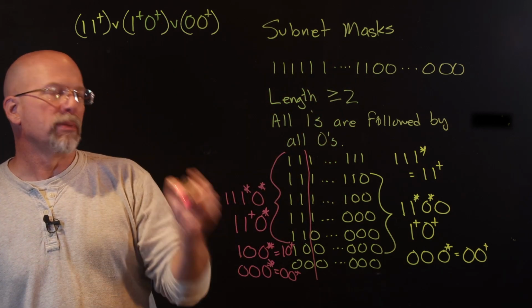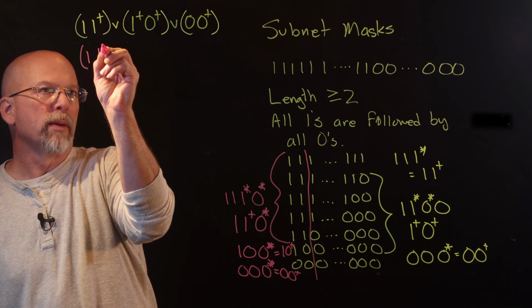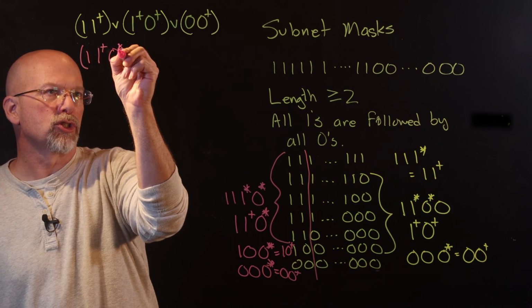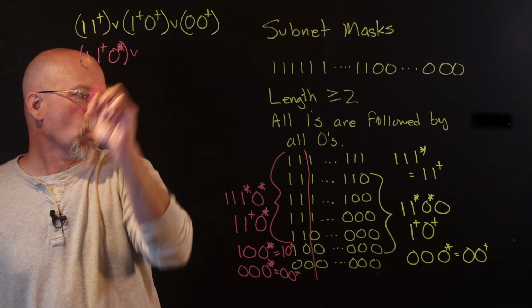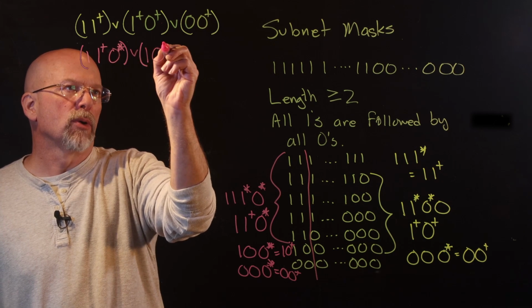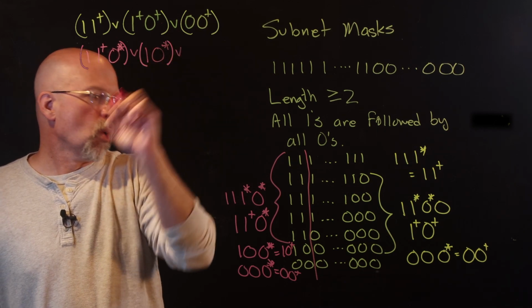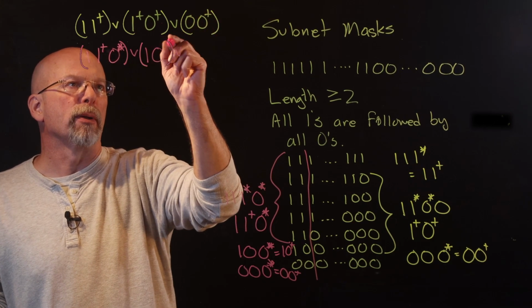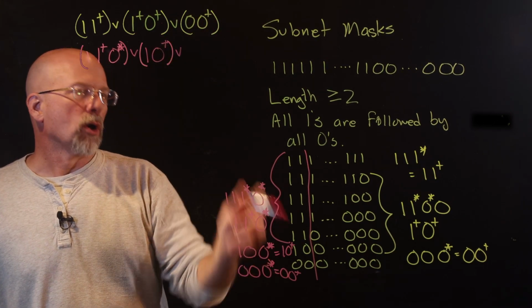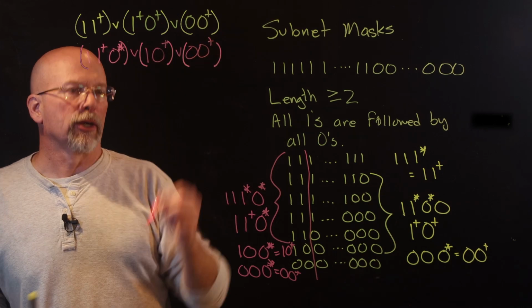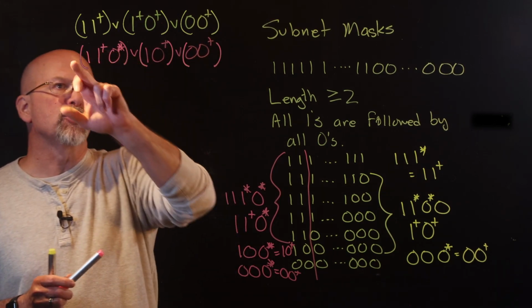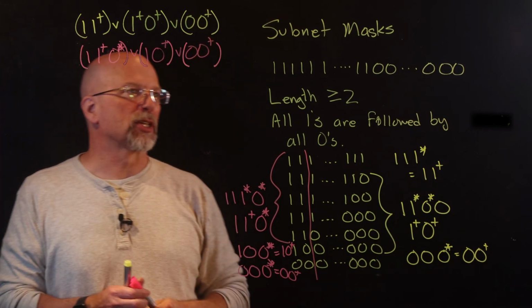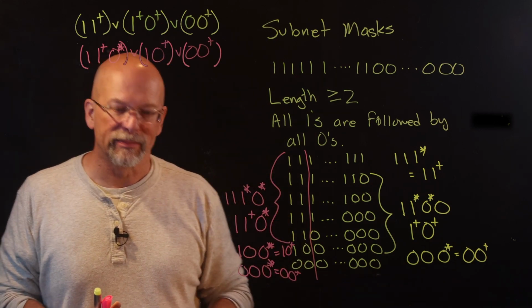It could be 1 1 dagger 0 star, or 1 0 dagger, sorry about that, or 0 0 dagger. And so we have two regular expressions which basically define the same thing.